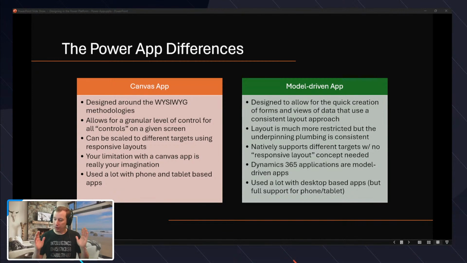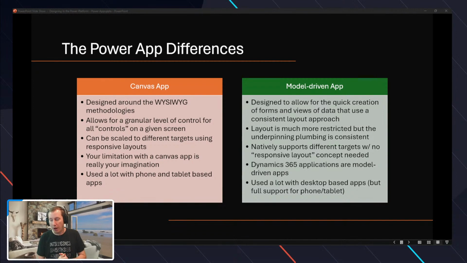That is where you've got a list, you've got a menu on the far right. You click on that, it shows you a list of records. You click on that record, it shows you a detail record, right? So both of them have the ability to be on different devices.